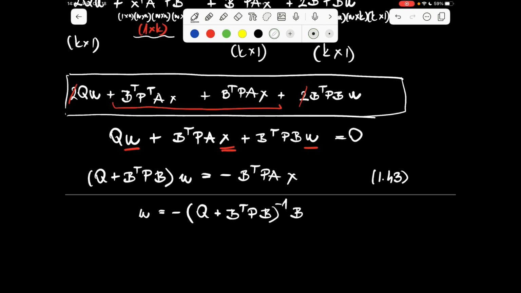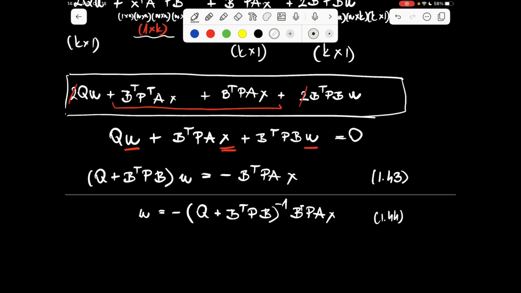So actually, this is a policy function, a linear policy function. So this is the famous linear regulator of which we are talking in this seminar session. This is equation 1.44.